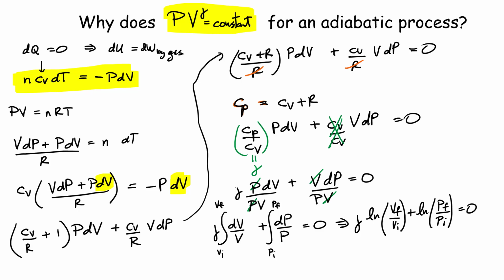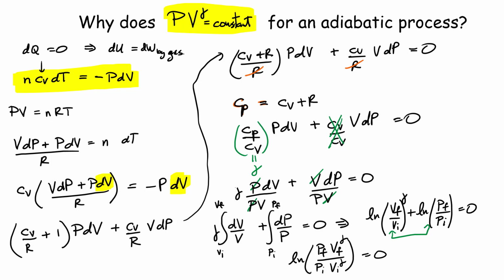Now I have to use some properties of logarithms. If I have an exponent in the front like gamma right here, I can get rid of it as long as I put it over here as VF to the gamma. And now I use the property of logs on both of those terms. What you can end up doing is just group them together in one natural log function. So you get the natural log of final pressure VF to the gamma over initial pressure V initial to the gamma, and that has to be equal to 0.